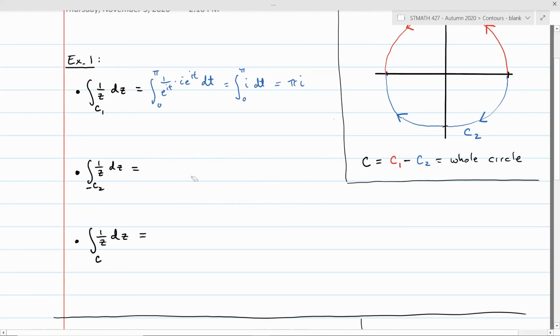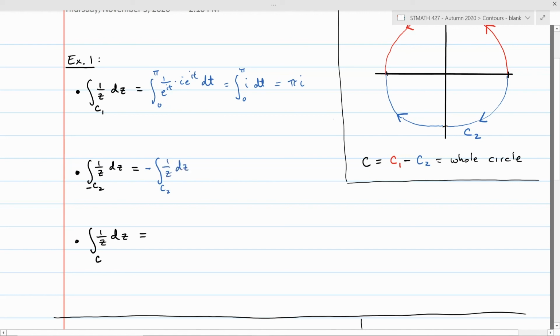Okay, now to do the second integral here, the integral along negative C2, I need a parameterization for negative C2. Either that or I need a parameterization for C2, and then I'll use my previous theorem that says the integral along negative C2 is negative the integral along C2 of 1 over z dz.